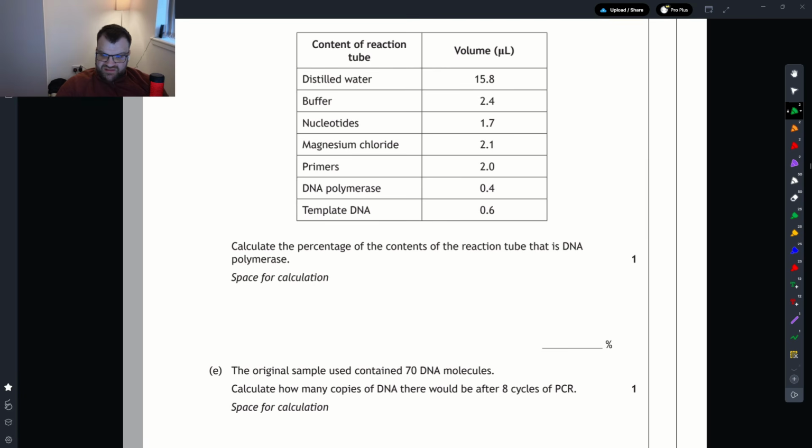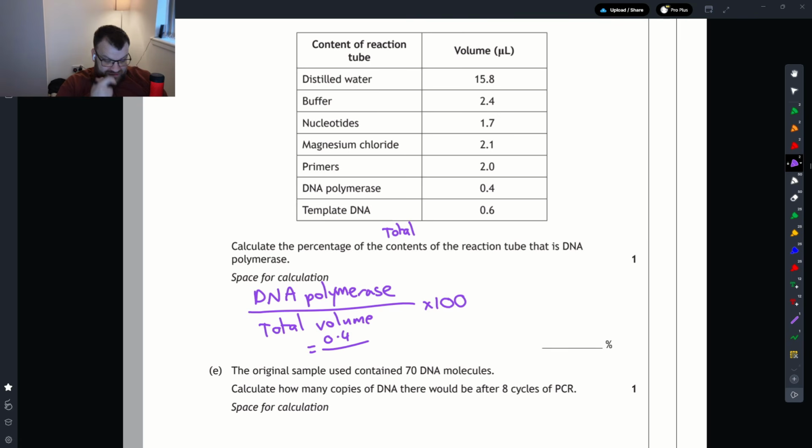Next up, percentage of contents that is DNA polymerase. So this is again like your test results. It's the content that is DNA polymerase divided by, so how much is DNA polymerase all over the total volume times 100, which is going to be polymerase is 0.4 all over.